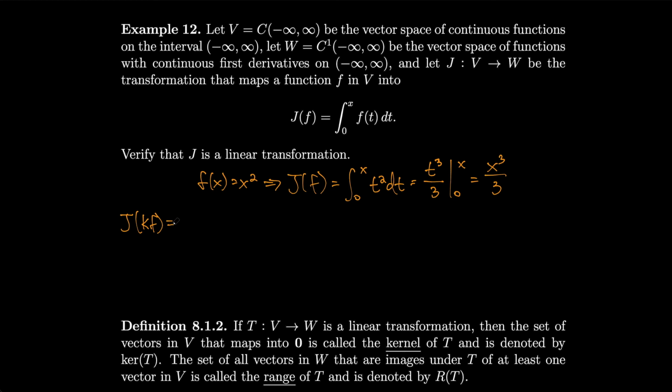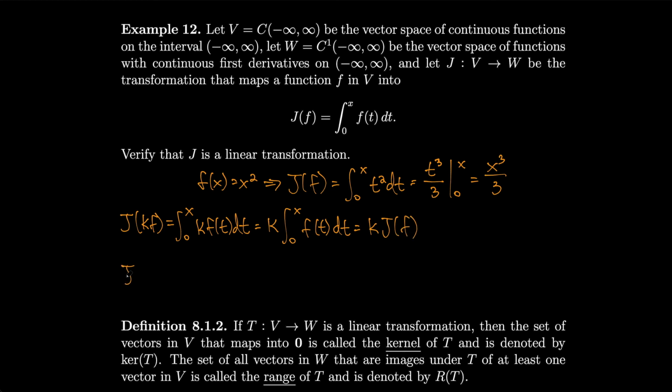Well, that'll be the integral from 0 to x of kf of t dt. We could pull out the k because of the homogeneity of integrals, so that'll be k times the integral from 0 to x of f of t dt. And this integral right over here is just Jf, right? So it's just k times Jf.